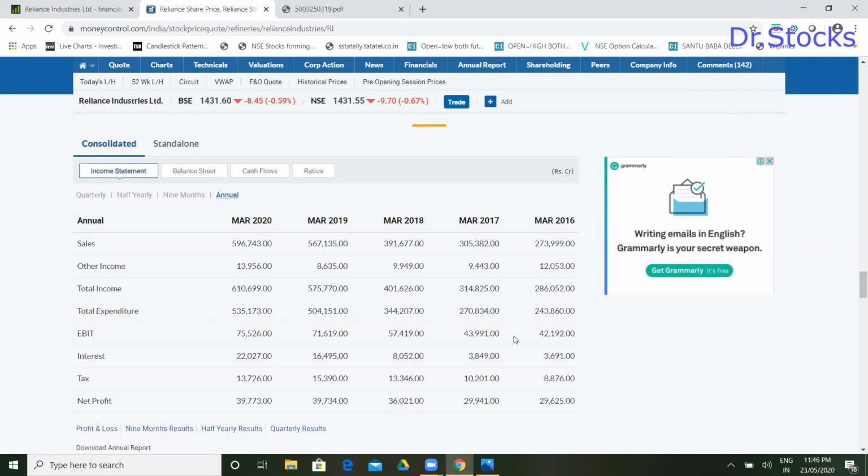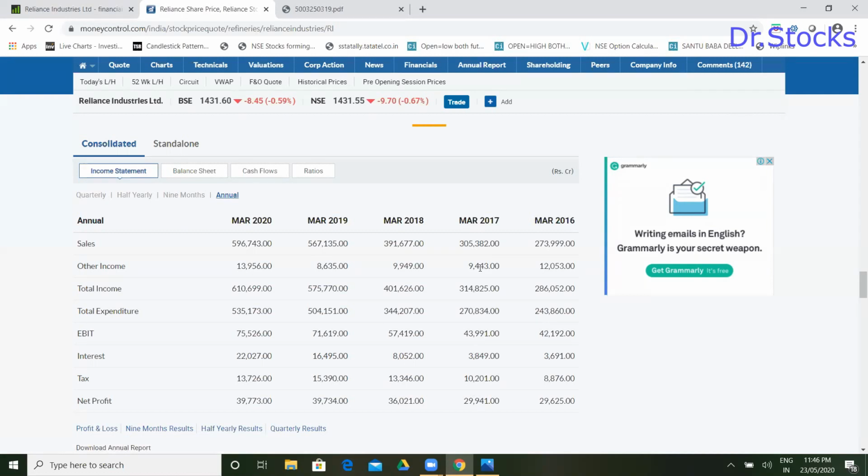The reason earnings per share reduced is majorly the interest they are paying out of their profit. See this. In 2017, compared with 2016 to 17, they also paid higher interest, but that was a marginally small value.